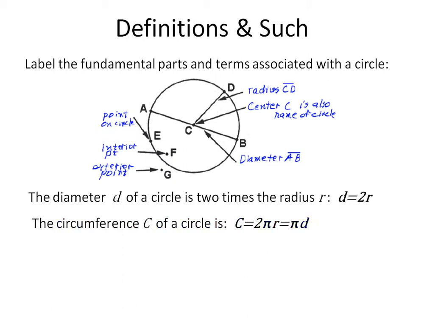The circumference is represented by capital C, and the circumference of a circle is 2 pi times the radius, or simply pi times the diameter. And the area A, which is always what we use for representing area, is A equals pi times the radius squared.